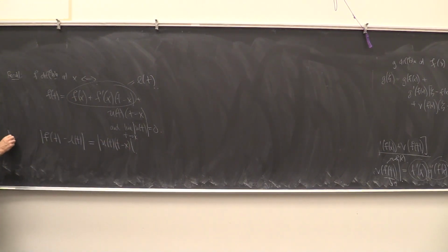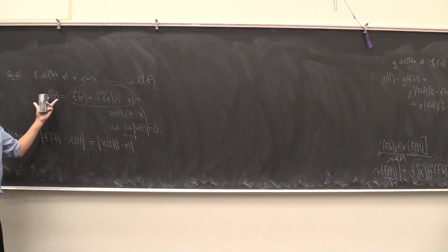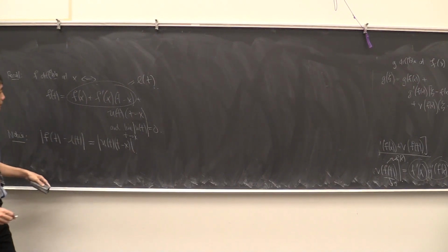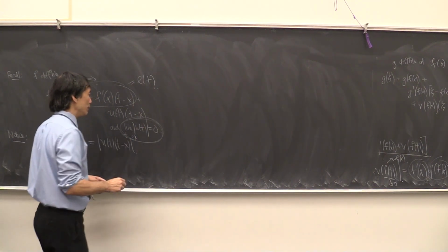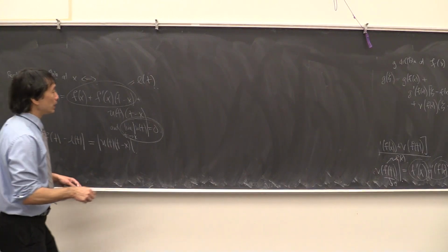So notice, this is true, right? I move the L to the other side and I take absolute values of both sides. And the limit of u of t goes to 0. What does that tell us?